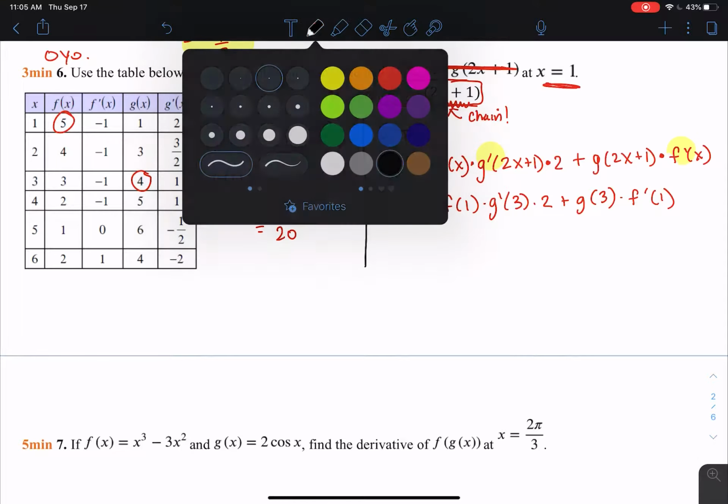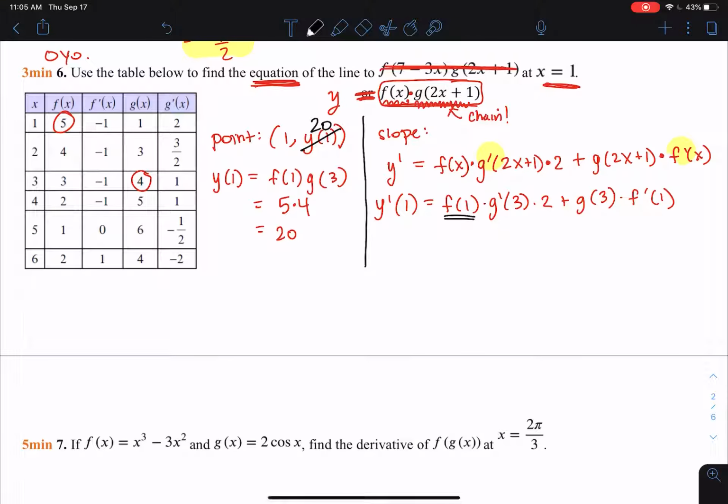We've reached the point where we need our table, so let's find f of 1. Let's find g prime of 3. Ooh, so we're going to use this column now, g prime of 3. Don't forget the times 2 at the end. Now we need g of 3, which is 4, and f prime of 1. Find it yourself.